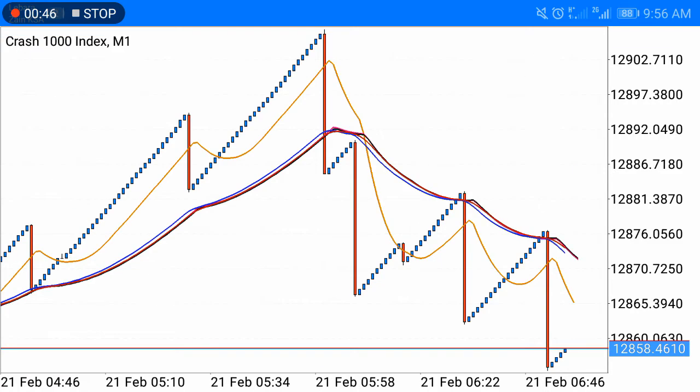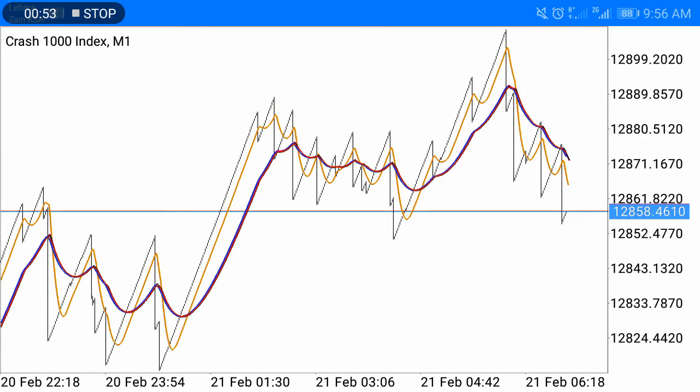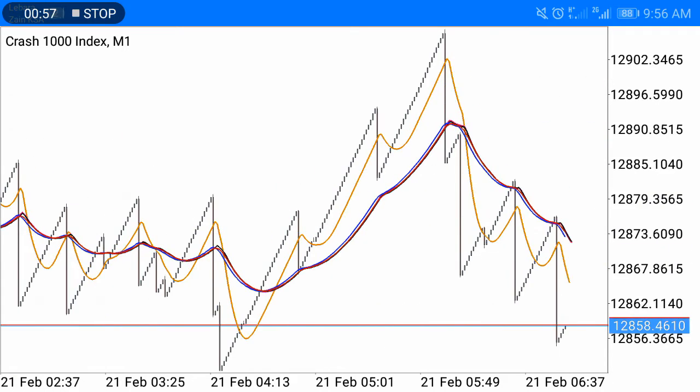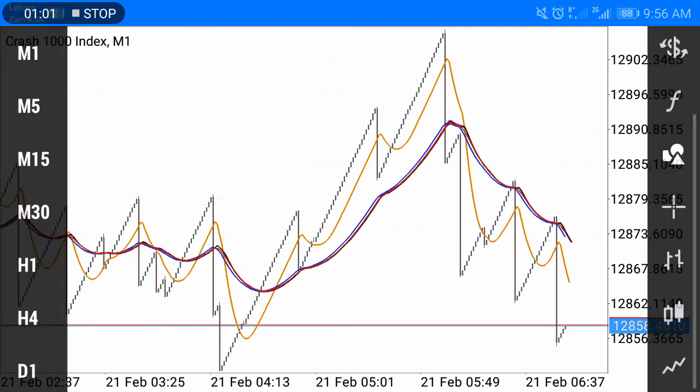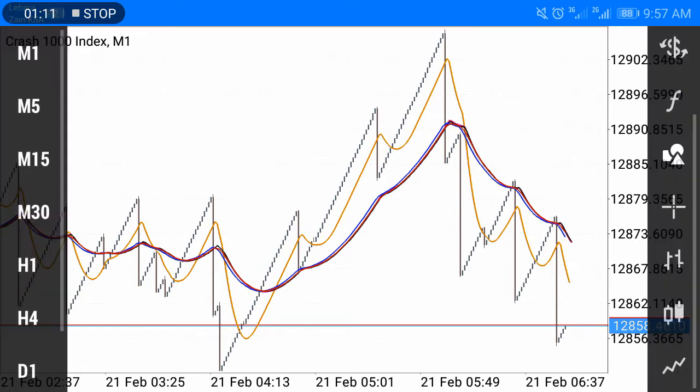First of all we'll start from the M1 time frame. Simply fully zoom out your chart, then zoom in one time. Now you want to draw support and resistance lines, but you don't understand clearly how I draw them on my M1 chart. So here I will explain a trick.